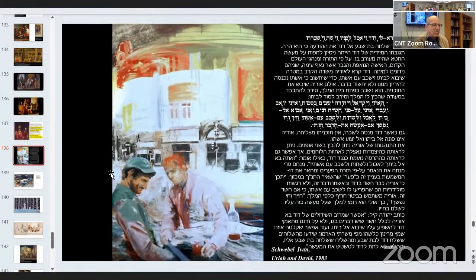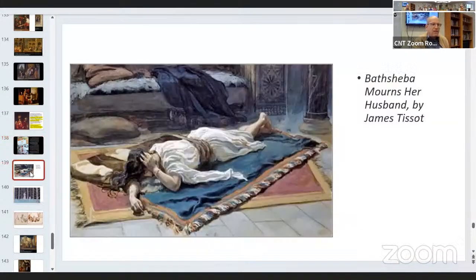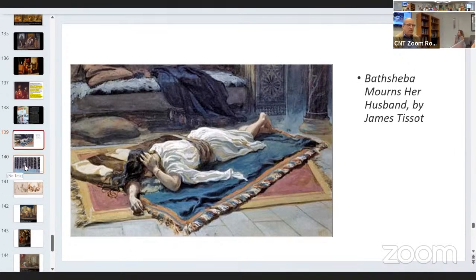He's handing him maybe a letter and talking him into going to his death. Bathsheba Mourns for Her Husband by James Tissot. James Tissot is an artist, and many of his paintings are in the Jewish Museum in New York. Have you ever been there?